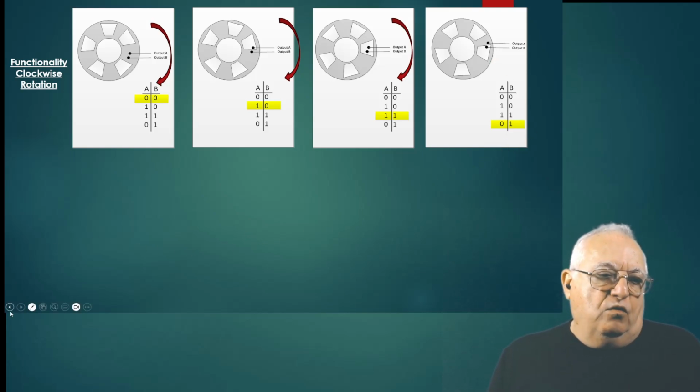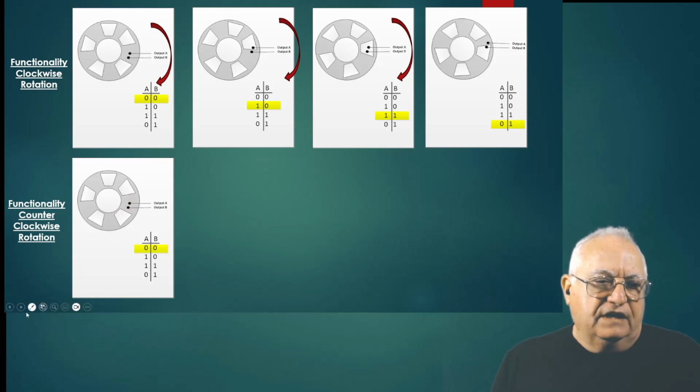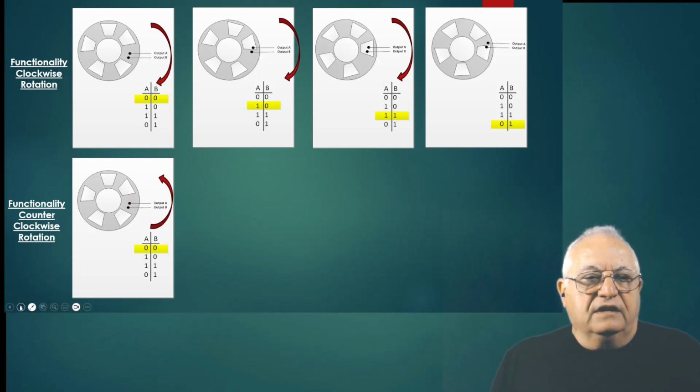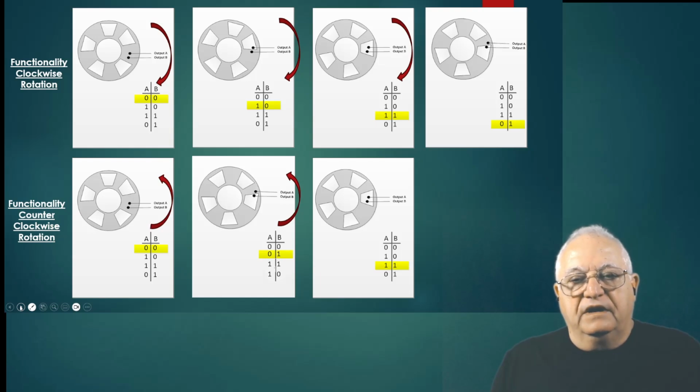Now let's see what happens when we rotate counterclockwise. We start as before, and then we rotate counterclockwise, and we see the output A is 0 and output B is now 1. It's opposite as before. Next we rotate one more time, and they are both 5 volts.